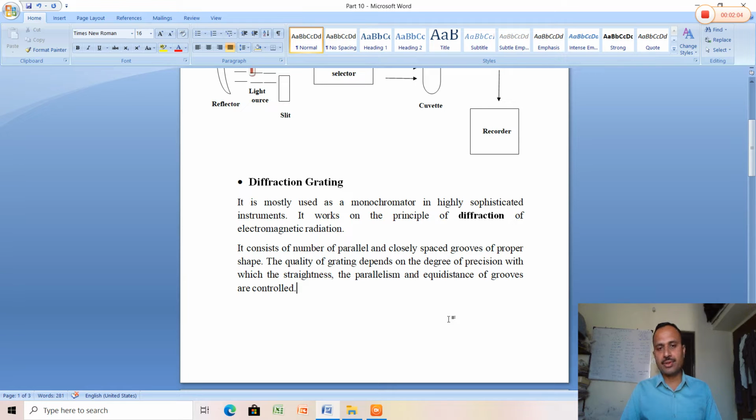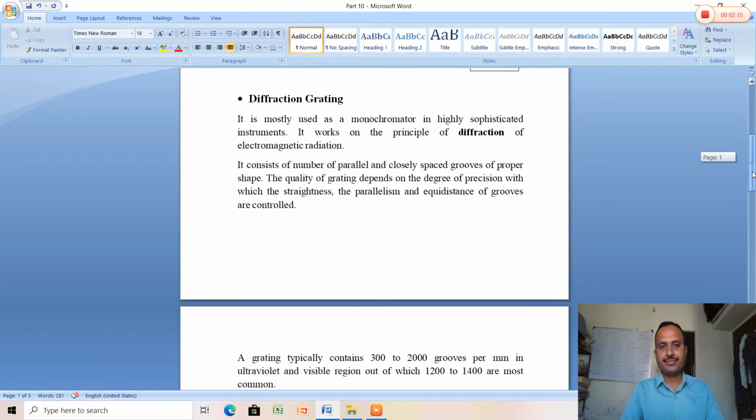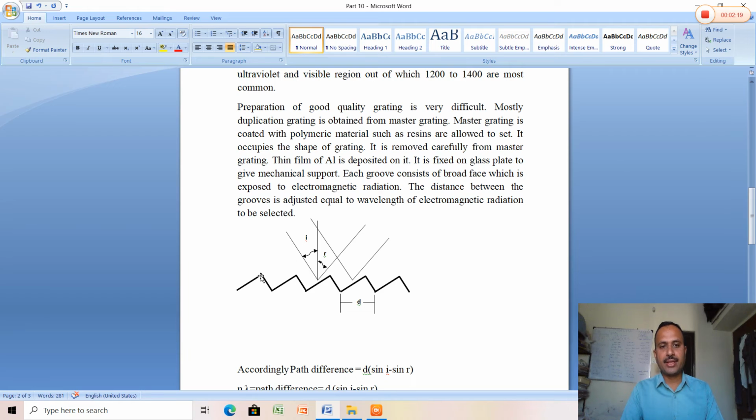The quality of a grating depends on the degree of precision with which the straightness, the parallelism, and the equidistance of the grooves are controlled. This is the diagram of a diffraction grating, and the parallelism and equidistant nature should be in a high precision manner.